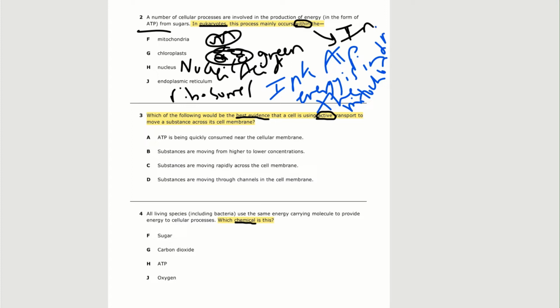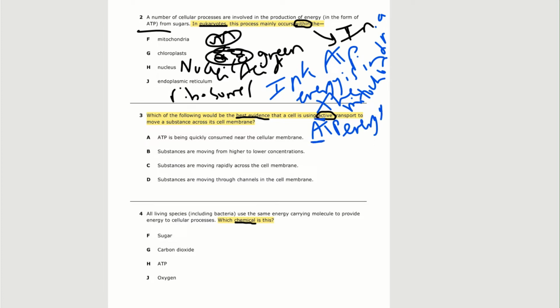Ugh, it doesn't fit. All right. Which of the following would be the best evidence? That's important. That a cell is using active transport to move a substance across its cell membrane. What is active transport? We've done this already, guys. Active needs ATP energy. You see the A? You see the A?